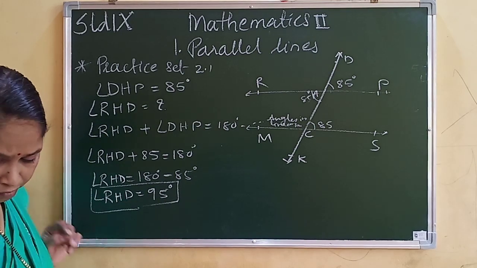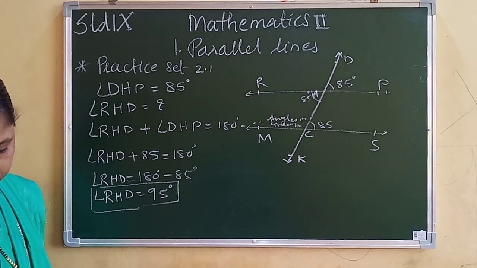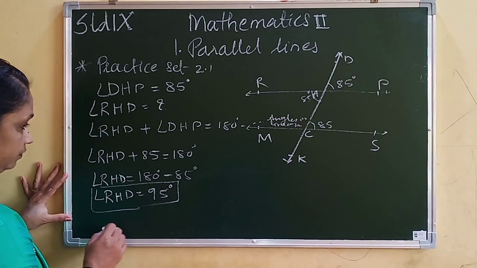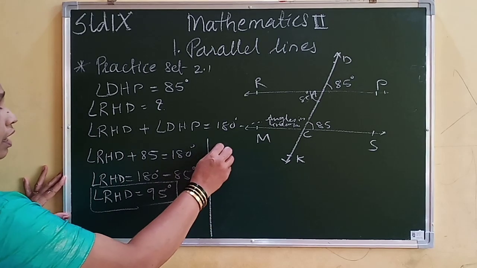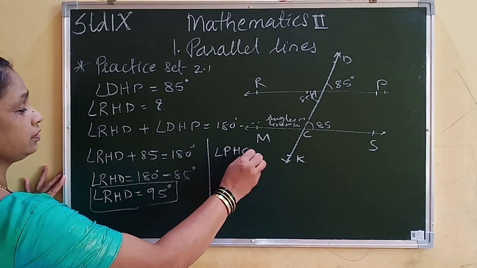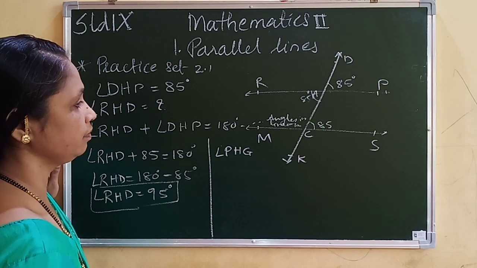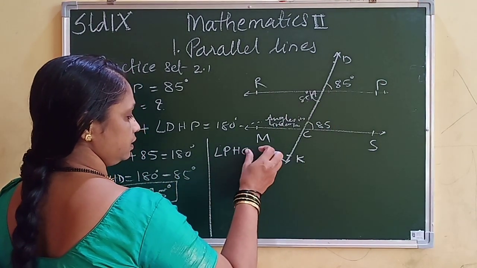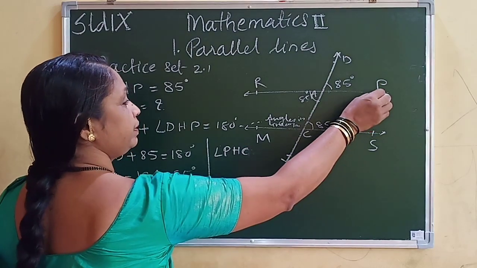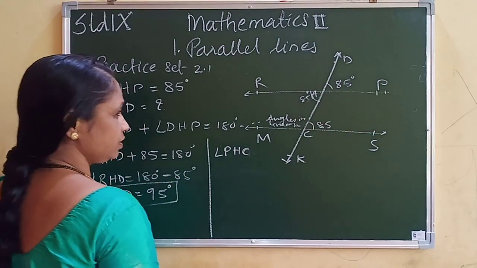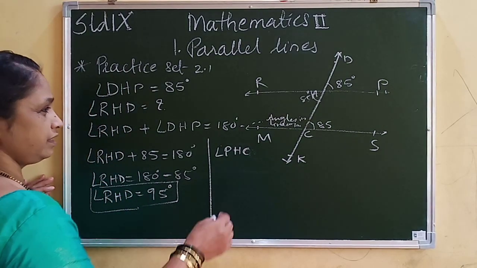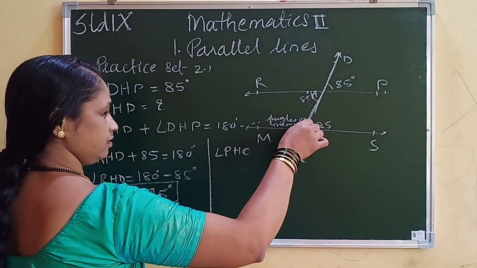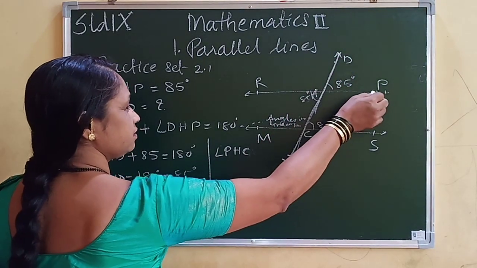Okay. Now next type of angle we have to find out, that is PHC. Now second we have to find out angle PHC. So again this we can consider as this line and this line.